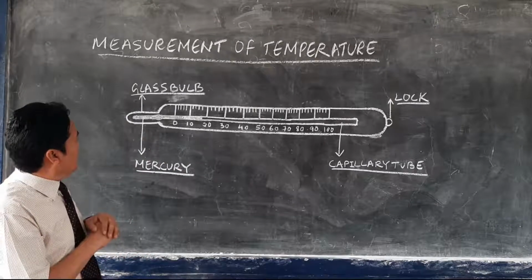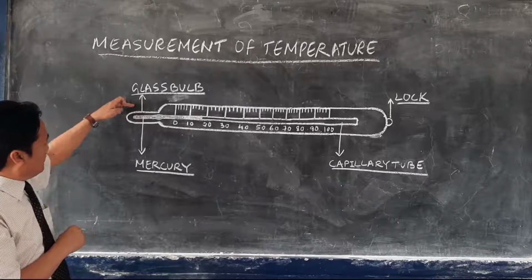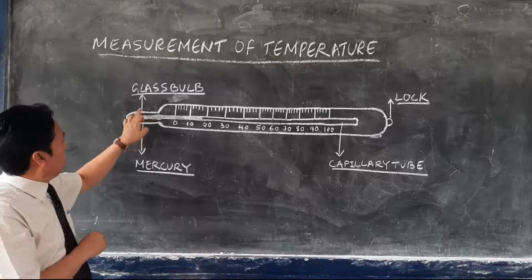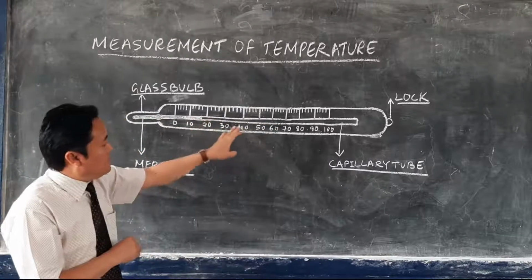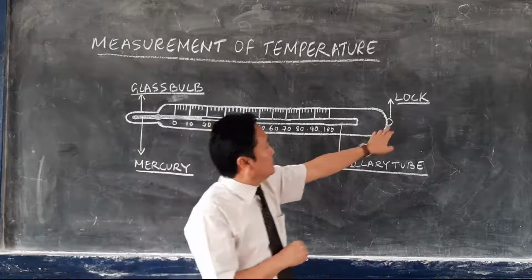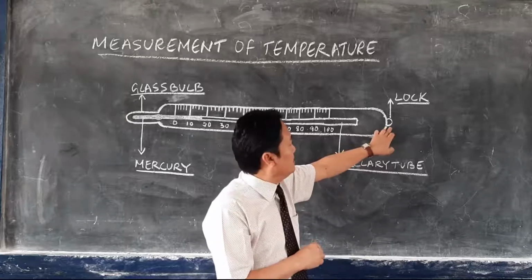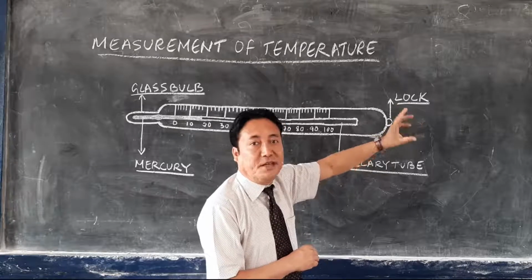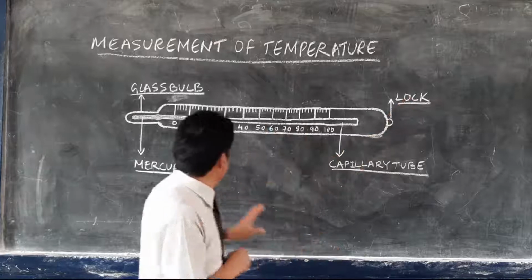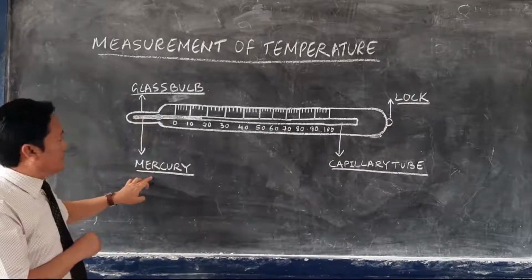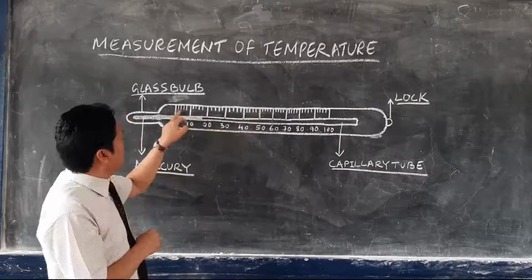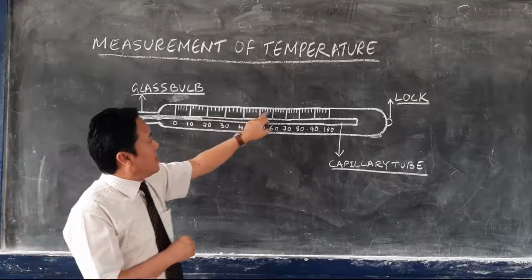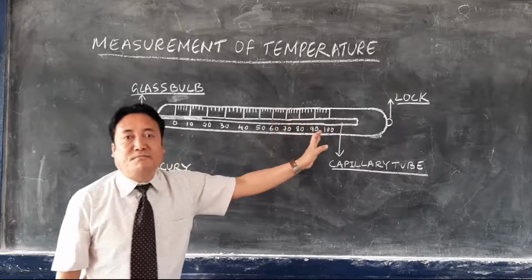Okay, now this one is the glass bulb, and this one is known as the capillary tube. The inside portion is the capillary tube. Okay, and there is a lock outside. There is some sort of ring-like structure here, known as the lock, and inside it is filled with the mercury. And there is a mark given there, and this mark is known as the graduated mark.